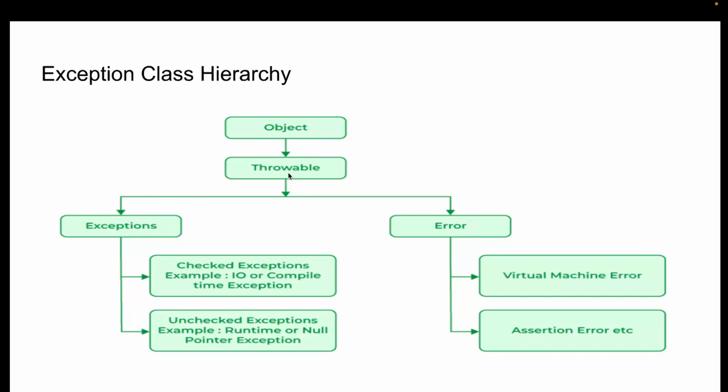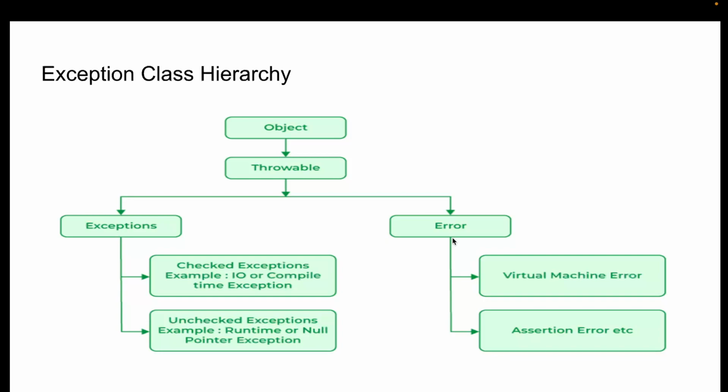So Throwable is a child class of the Object class, and Exceptions and Errors are the child classes of this Throwable. So you see this hierarchy, right? Object is the parent class, meaning it's the super parent class. Then Throwable is the child of this Object class. Then Exceptions and Errors are the child classes of this Throwable.